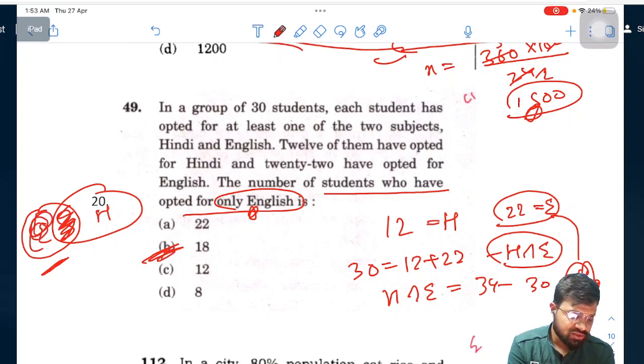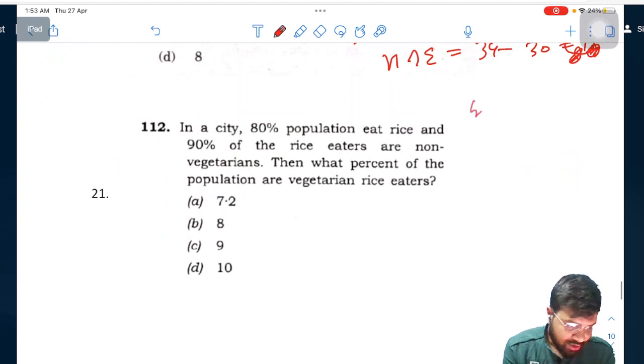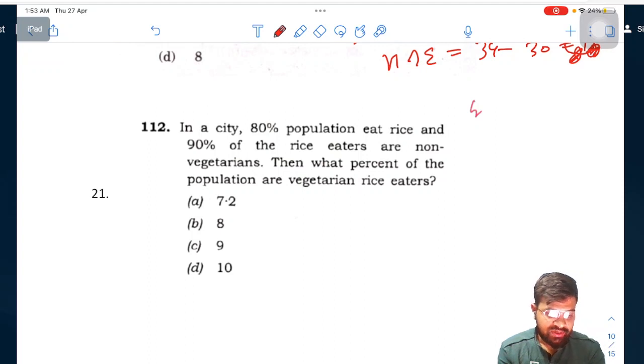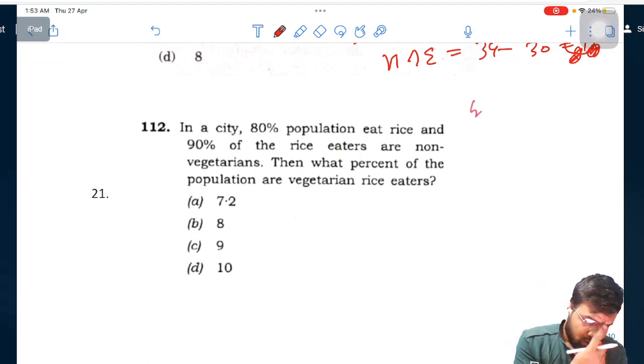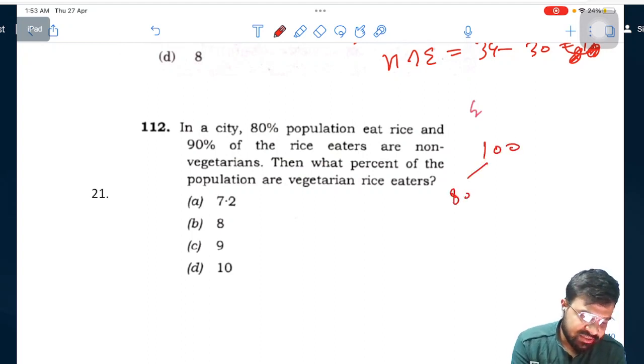Okay, in a city, 80% of the population eat rice and 90% of the rice eaters are non-vegetarian. Then what is the percentage of the population that is vegetarian? Out of 100, 80% eat rice and 20% do not eat rice.